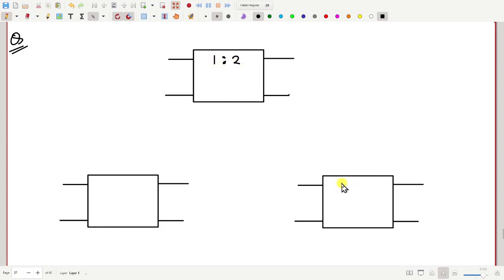Let me take 1:2 for simplicity, or 3:2. And suppose the dots are like this, and these are all connected in this way.